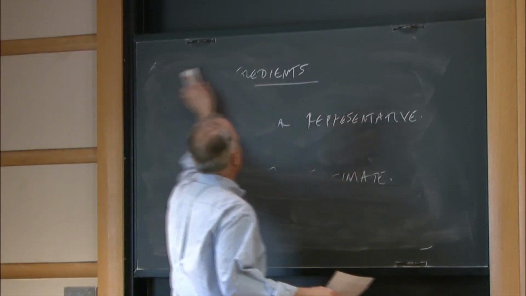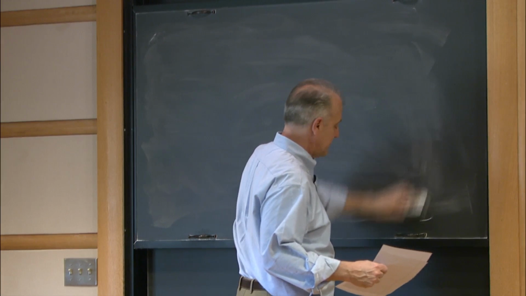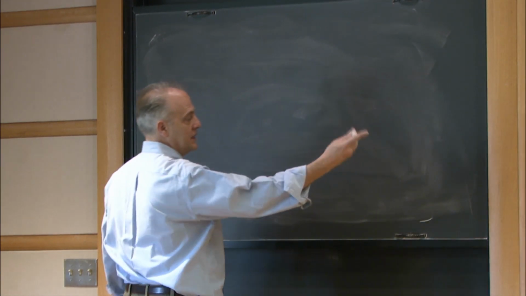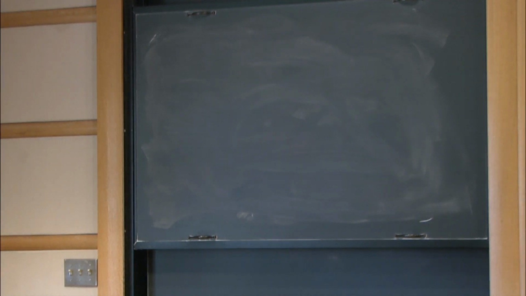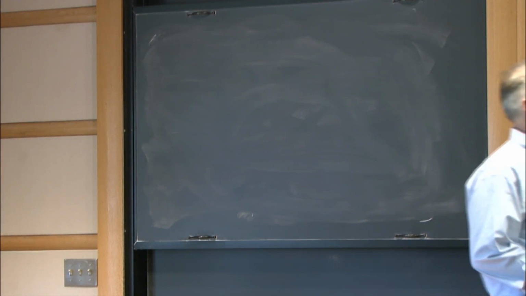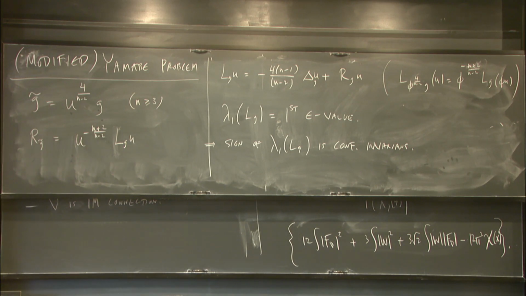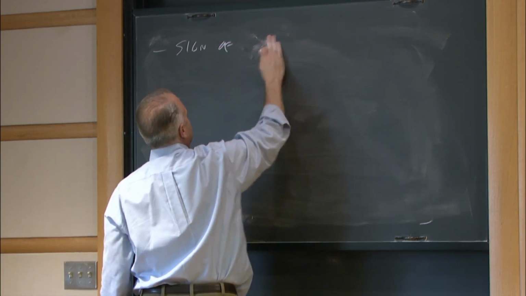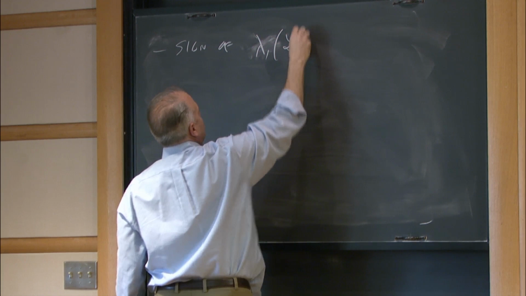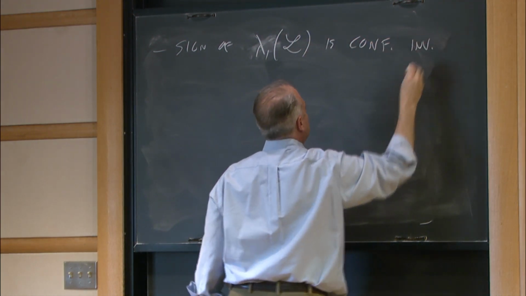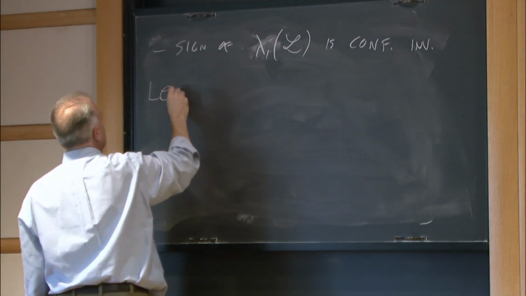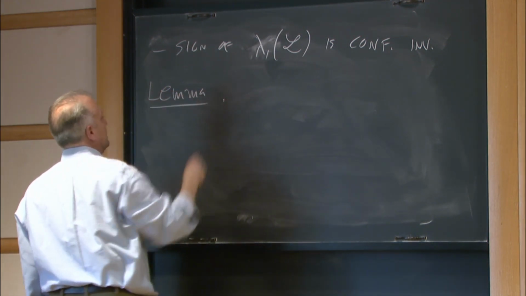Because of that conformal transformation law, the same fact holds: the sign of the first eigenvalue of this operator, lambda 1 of script L, is conformally invariant. So you get this easy fact.